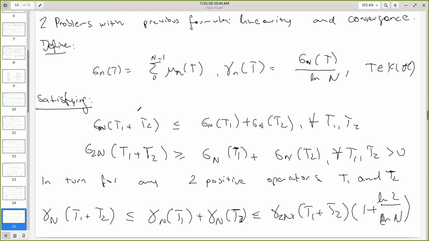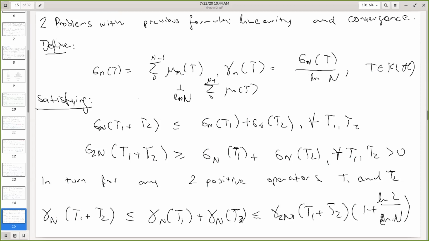So in a sense, this cutoff sum that we defined, this 1/ln n times the sum from 0 to n minus 1 of μ_n of T, fulfills certain inequalities.